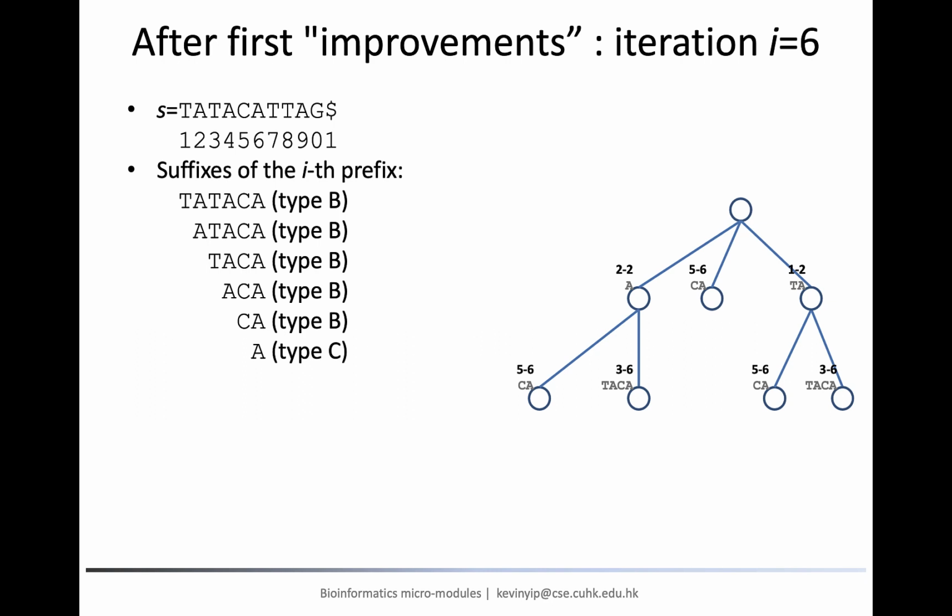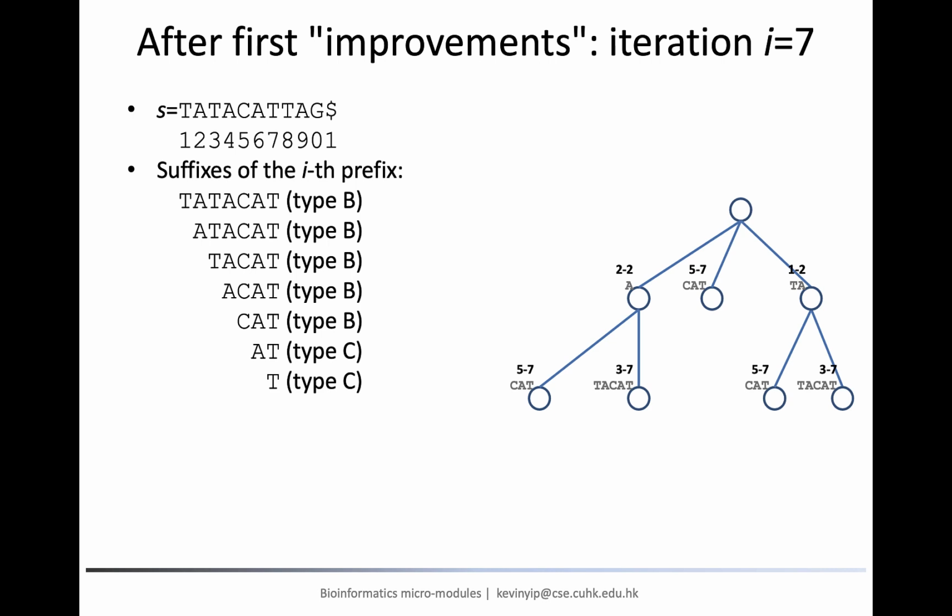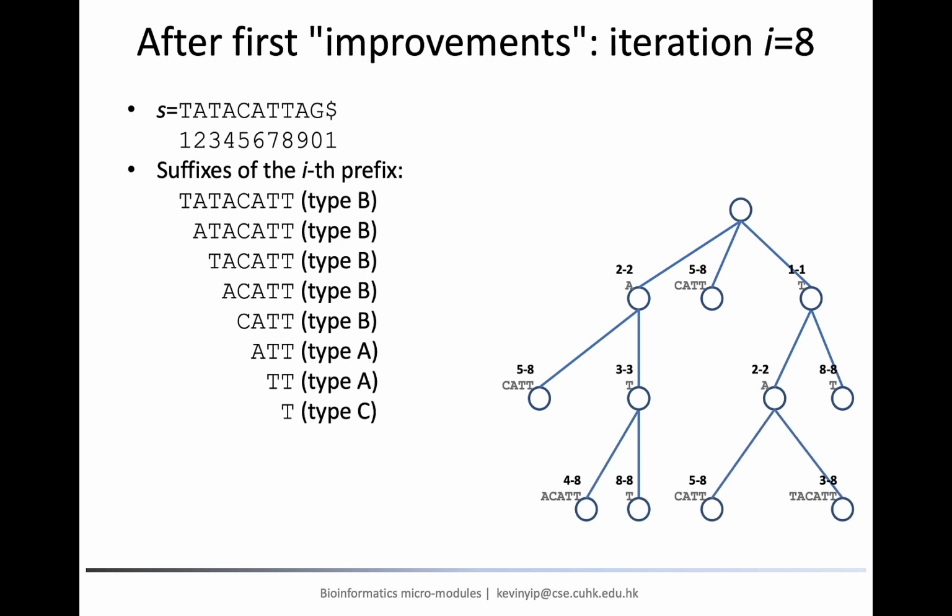Then for the A at position 6, we have 5 type B insertions and then a type C insertion. For the T at position 7, we have 5 type B insertions and then 2 type C insertions. And so on.